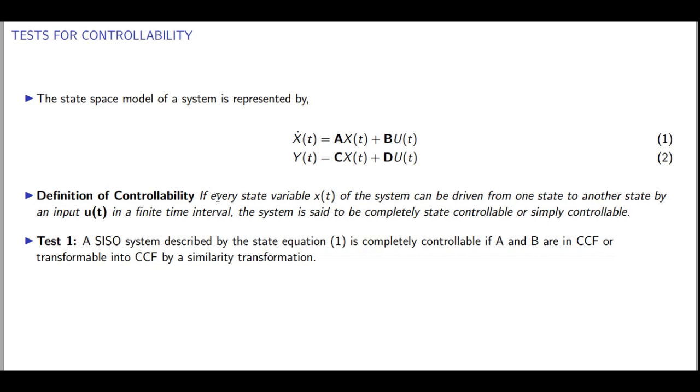Either the matrices A and B should be in CCF, controllable canonical form, which we have already studied, or if those matrices are in some other form, then through some similarity transformation, I should be able to transform those matrices A and B to controllable canonical form. If I could do that, then that SISO system, I can call it a controllable system. So this is the first test.